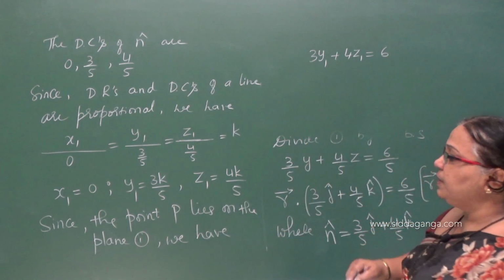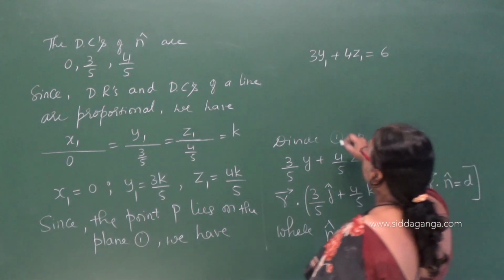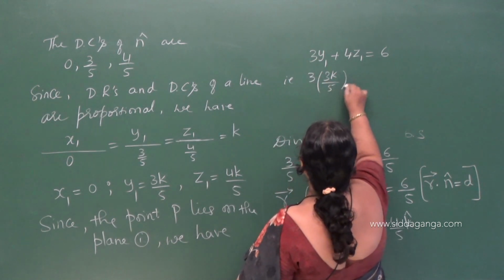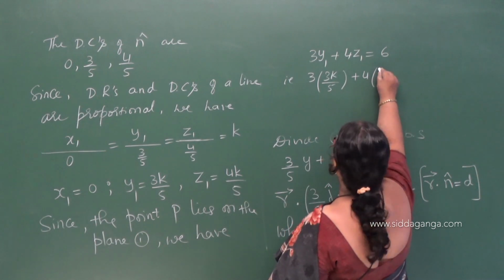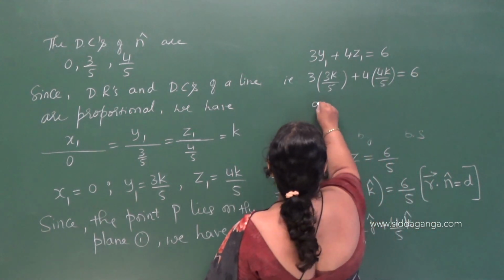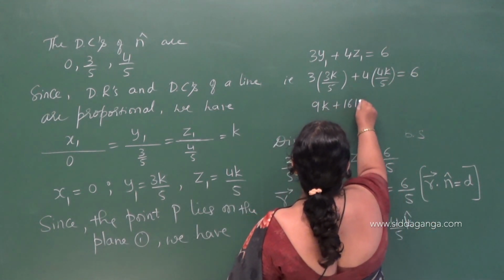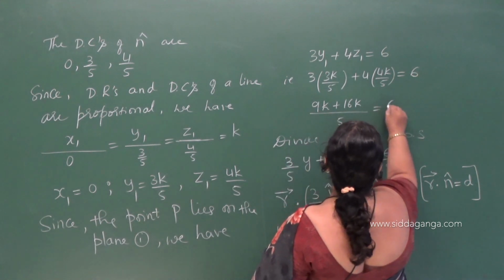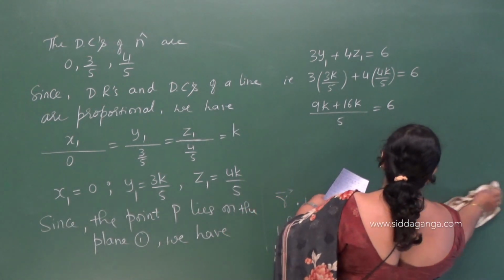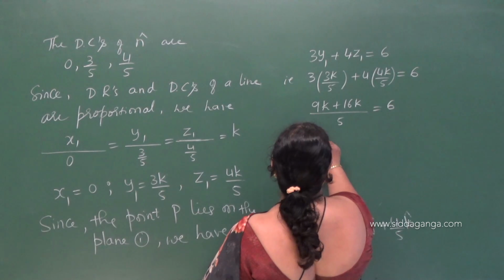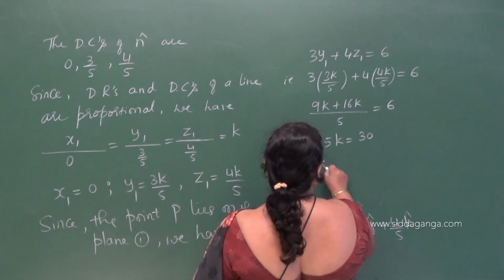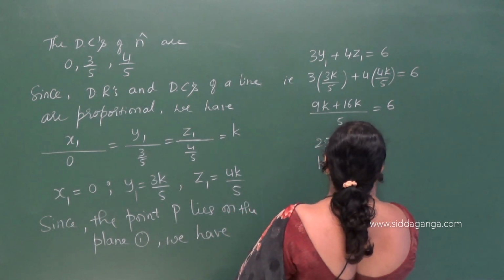Now you substitute the values of y1 and z1, that is 3 into 3k by 5 plus 4 into 4k by 5, that is equal to 6, that is 9k plus 16k divided by 5 equal to 6. Therefore 25k, that is 25k, it is equal to 30. Therefore k equal to 6 divided by 5.